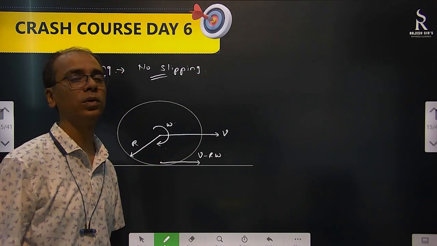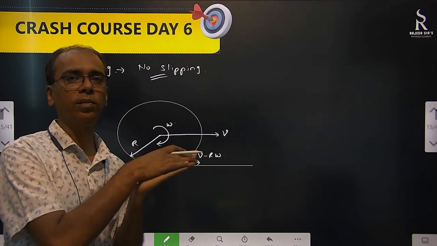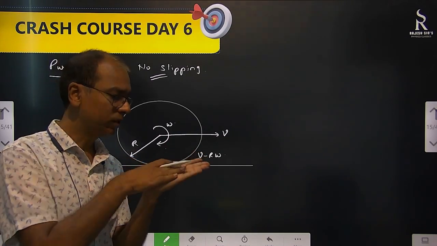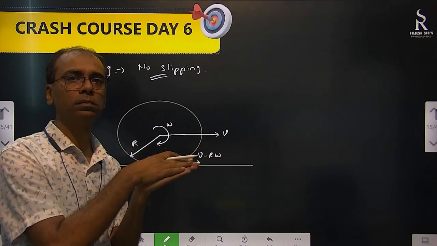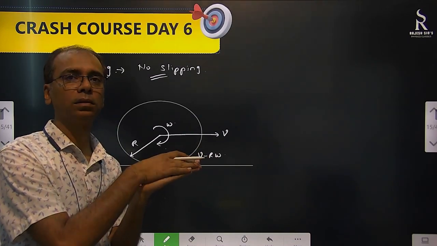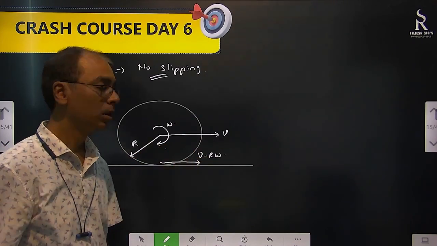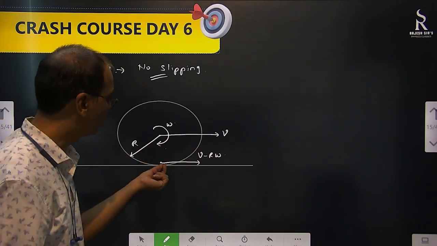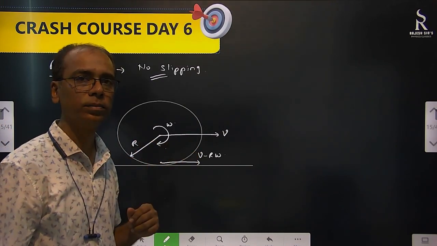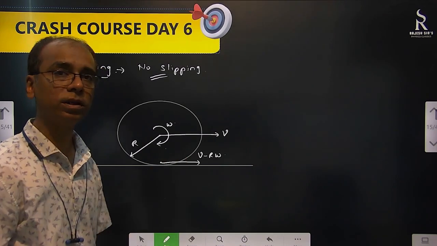If suppose my hands are in contact and my upper hand is moving, obviously it is sliding on my lower hand. When will there be no sliding? When they are at rest. If they move, there will be sliding. Exactly the same way, if this point has any velocity, it will slide. So there is no slipping when this is at rest.